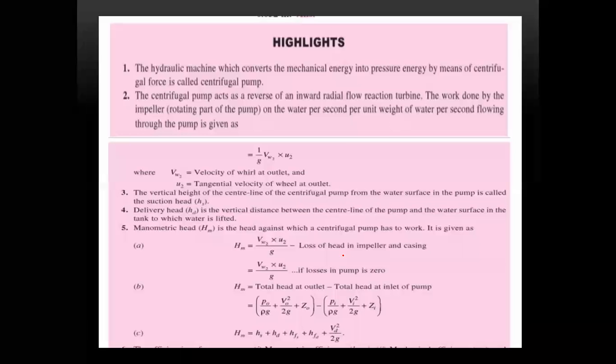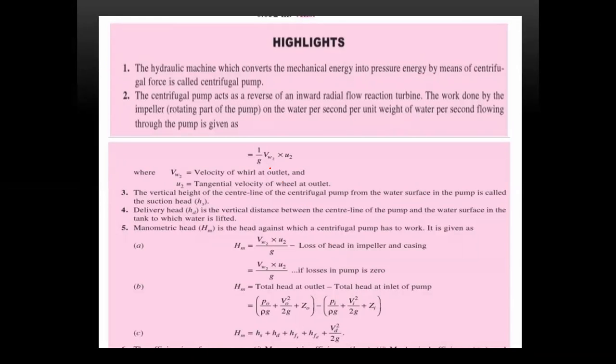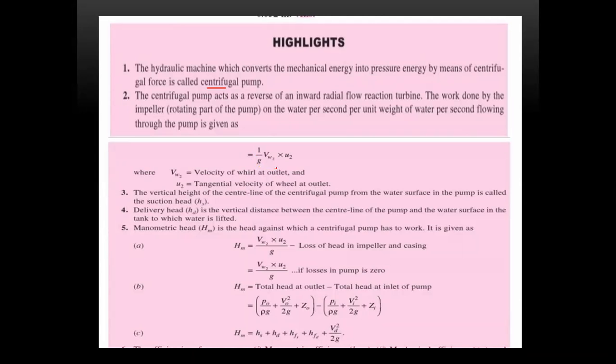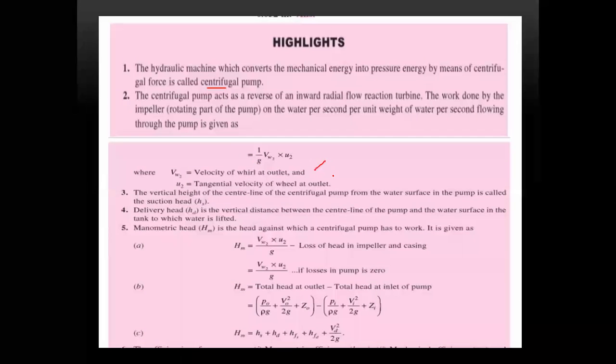Now, if you see the centrifugal pump formulas, what is the hydraulic pump, the centrifugal pump? The work done is given as 1 by G into VW2 into U2, where U2 is the tangential velocity at outlet.